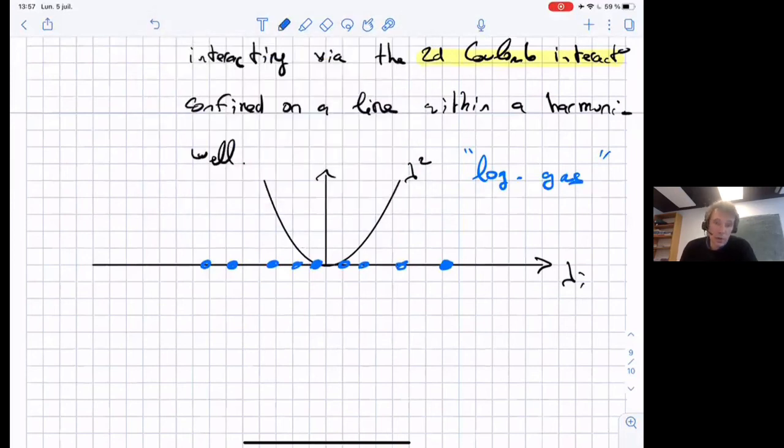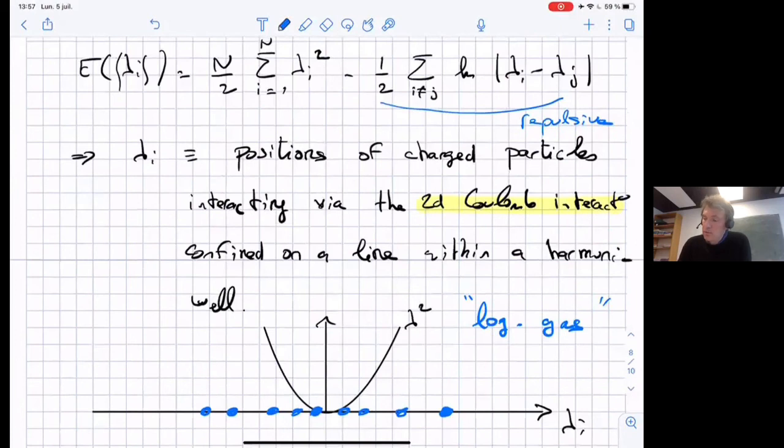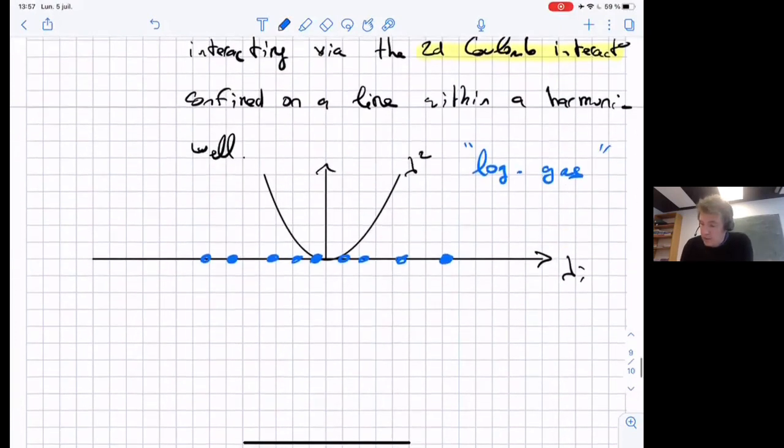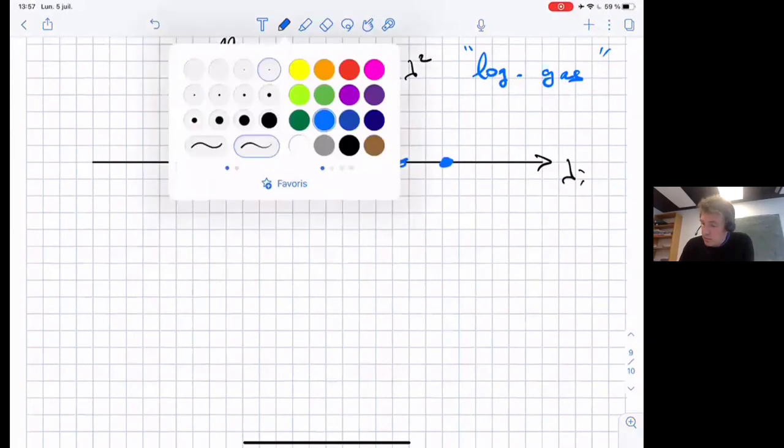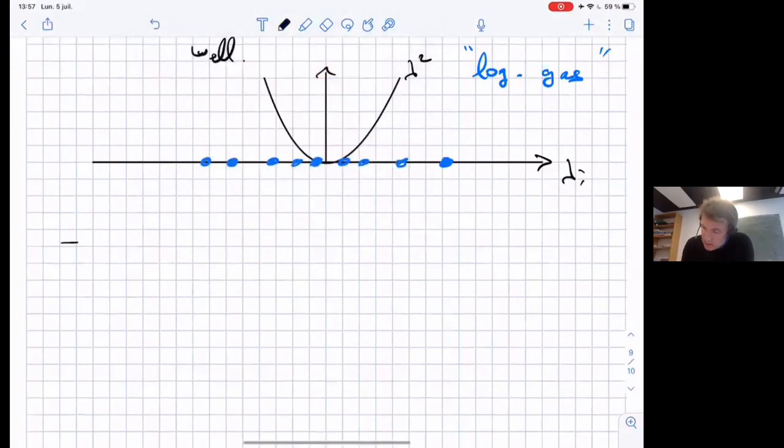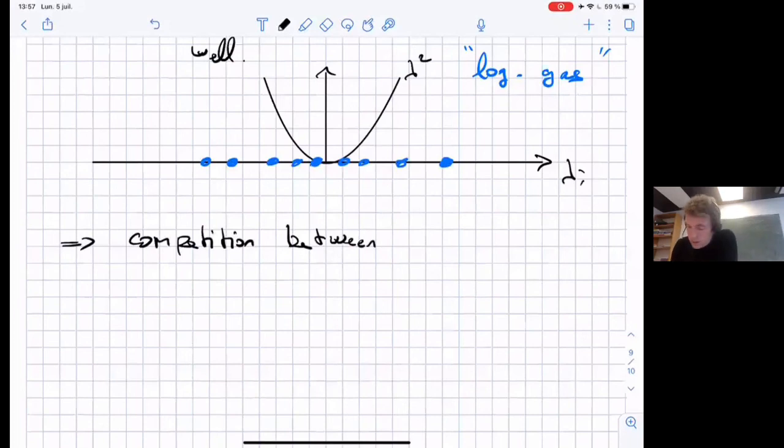If there was no interaction, the ground state would be all the particles collapsed at the center. But because of this repulsive interaction, they cannot do that. That's what makes this problem interesting: there is a nice competition between confinement and the repulsive interactions.